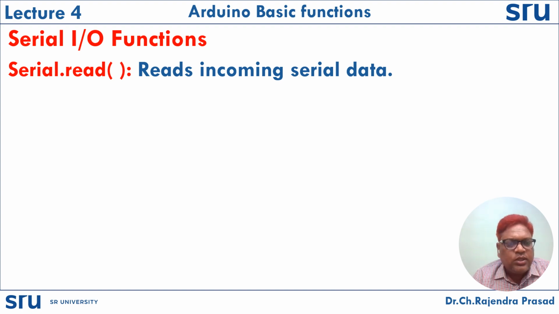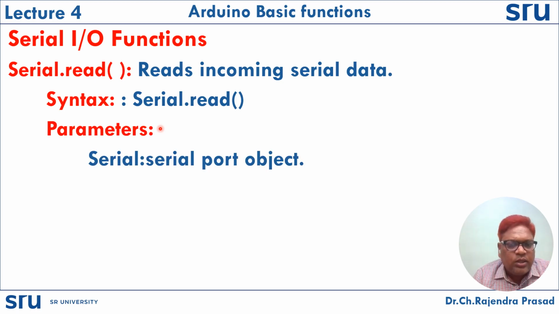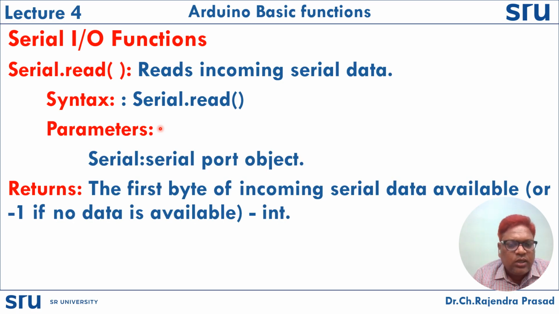And the last one is Serial.read, which reads the incoming data from the serial port of the Arduino. The syntax for this one is Serial.read, the parameter is the serial port object, and the return value is the first byte of incoming serial data, or -1 if no data is available.